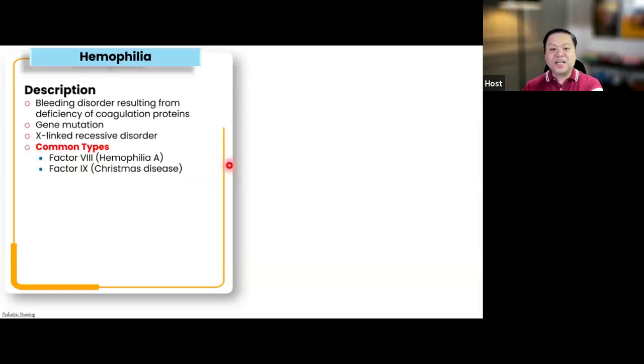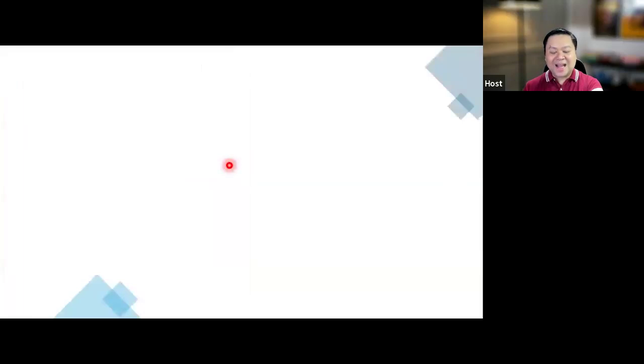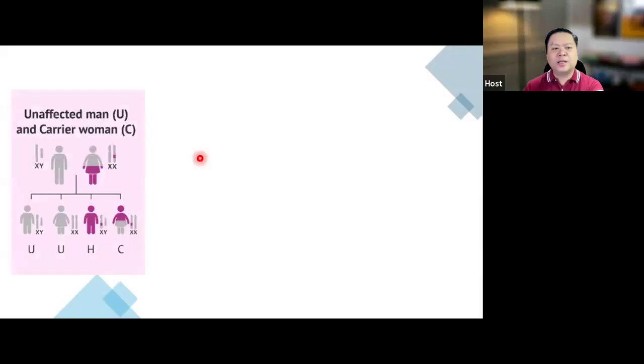Now let's move on to how the X-linked recessive trait is inherited from the parents to the offspring. Let's start with figure number 1.